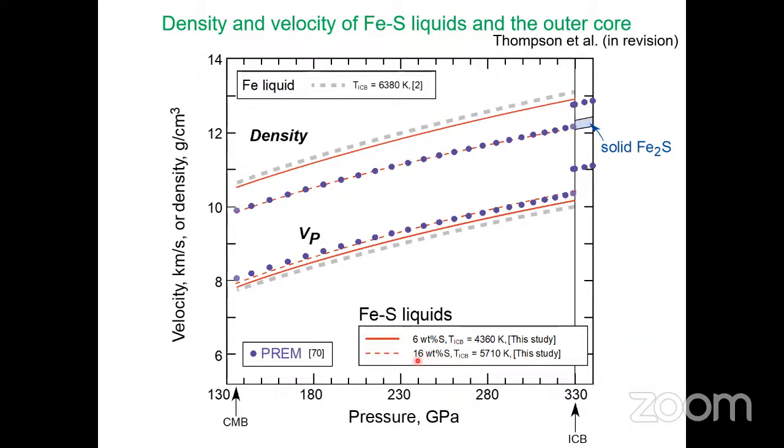This is the Fe3S composition, shown as this dashed red curve. In terms of density and P-wave velocity, both match PREM along the temperature profile. This sounds good, but we have to match the inner core PREM profile as well.